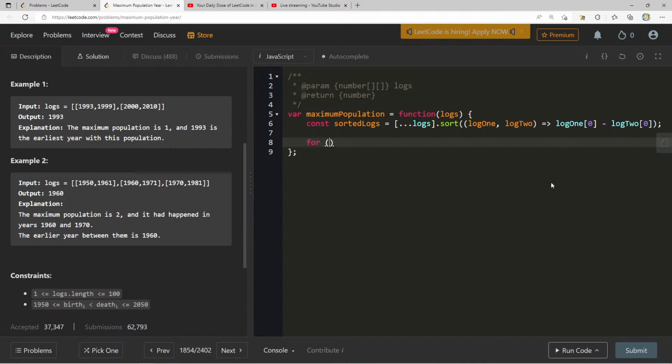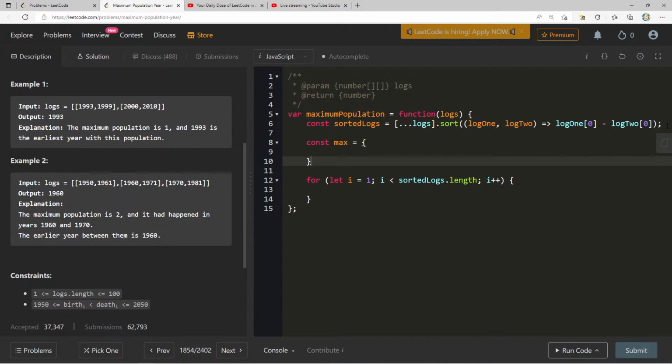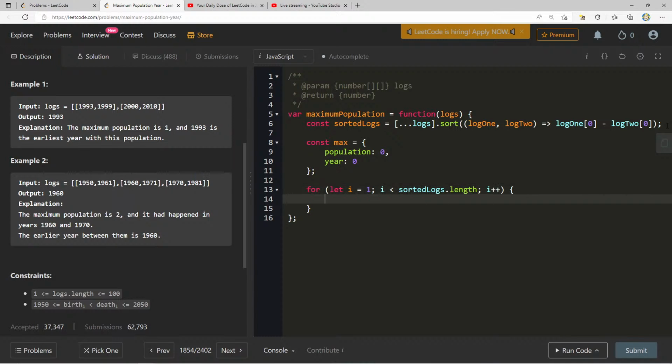We want to say for let i equals 1, i less than sortedLogs.length, i++. I think here we should have some sort of literal. So max is equal to this, where max has population. Let's say population is 0, and year we'll also say is perhaps 0. So what we can do here is we can say if sortedLogs[i][0] is less than sortedLogs[i-1][0], let me actually delete this, sortedLogs[i-1][1].